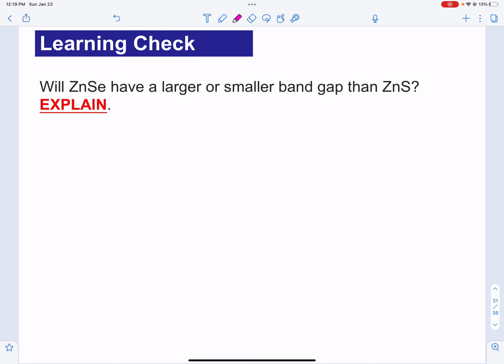Zinc selenide and zinc sulfide. What's the common element? Zinc and zinc. So what we're doing is comparing selenium and sulfur according to the periodic table. Oxygen, sulfur, selenium.